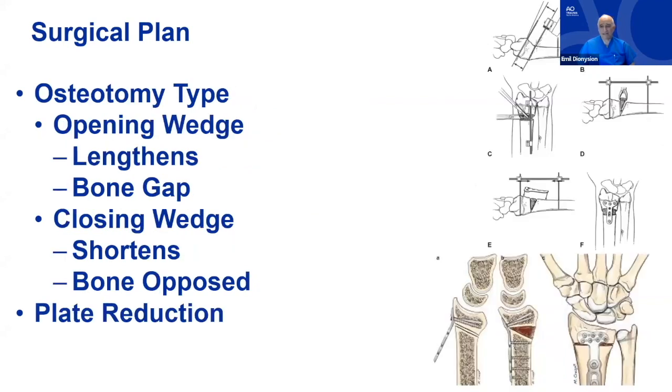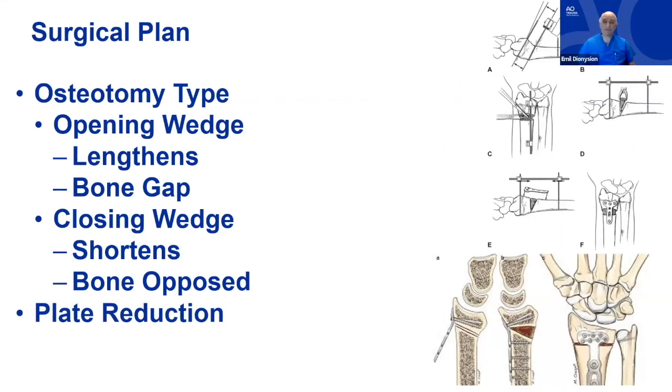As far as the surgical plans, generally an opening wedge osteotomy allows us to lengthen the skeleton. And of course, that would cause a gap. And then the question comes whether we should have a bone graft or not. There are different studies that show that different kinds of bone grafts can be helpful, or sometimes even no bone graft as long as there's a cortical abutment.